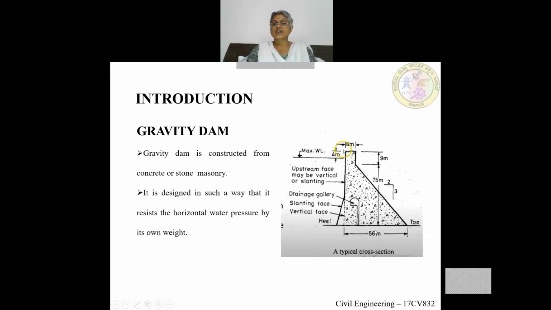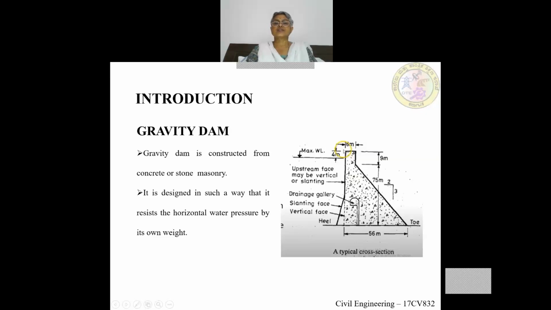This is the base width. So this is the heel and this is the toe. The toe is on the downstream side and the heel is on the upstream side. And this is the downstream face which is inclined like this, and a drainage is provided to remove the water which is seeping through the body of the dam, which will cause damage to the structure. So the drainage galleries are provided to remove the seepage water.